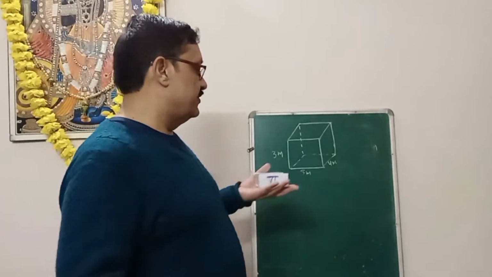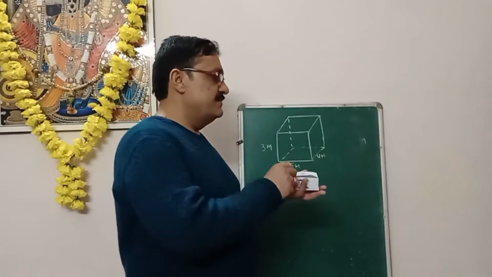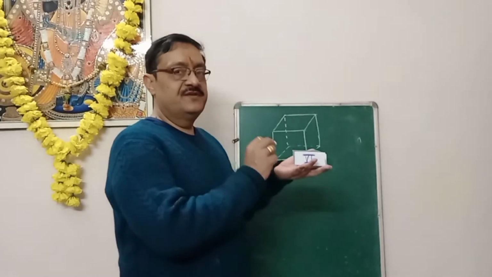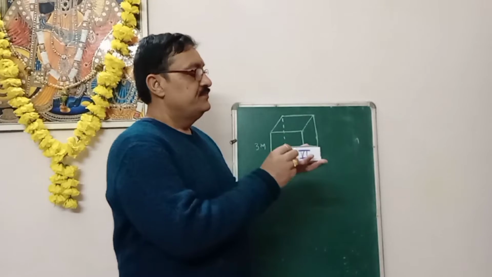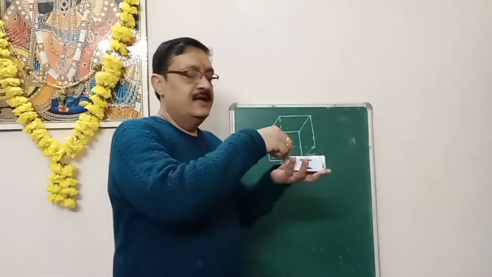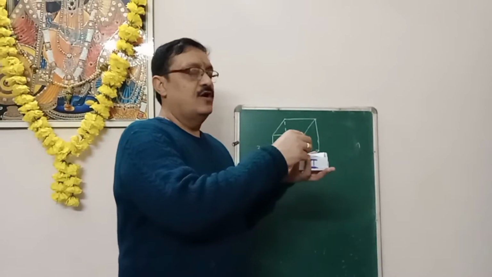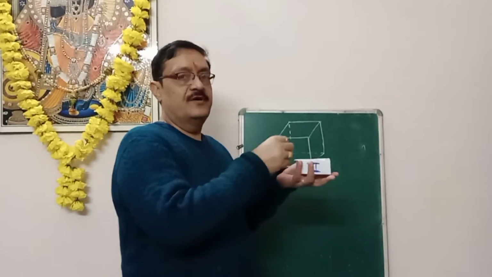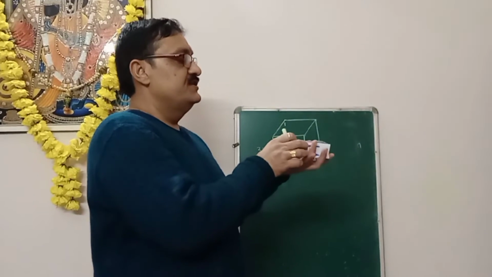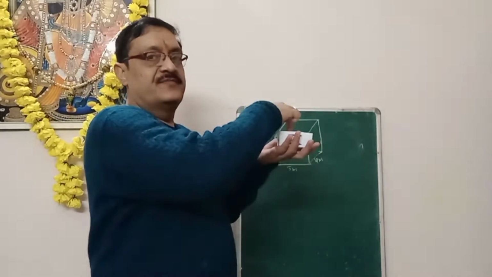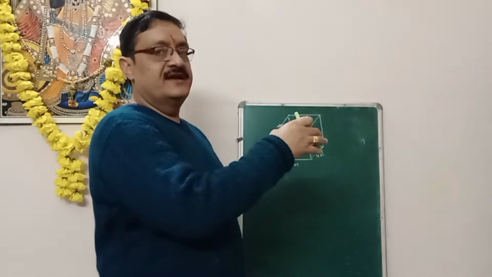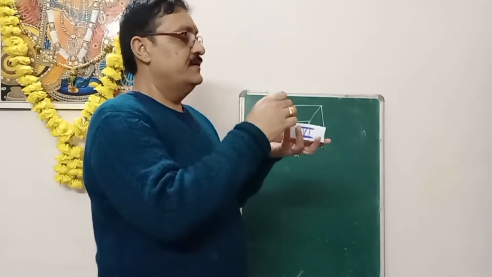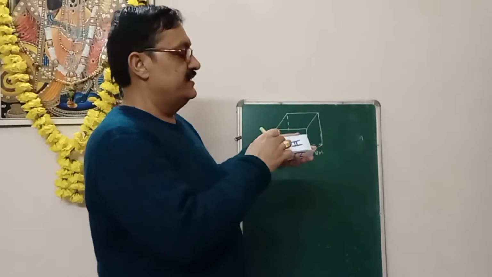So for getting that particular area, we will be interested in knowing the lateral surface area plus the top ceiling. Lateral surface area plus top. What is lateral surface area? These two rectangles in front and behind, these two rectangles side by side, opposite to each other, and the top rectangle.